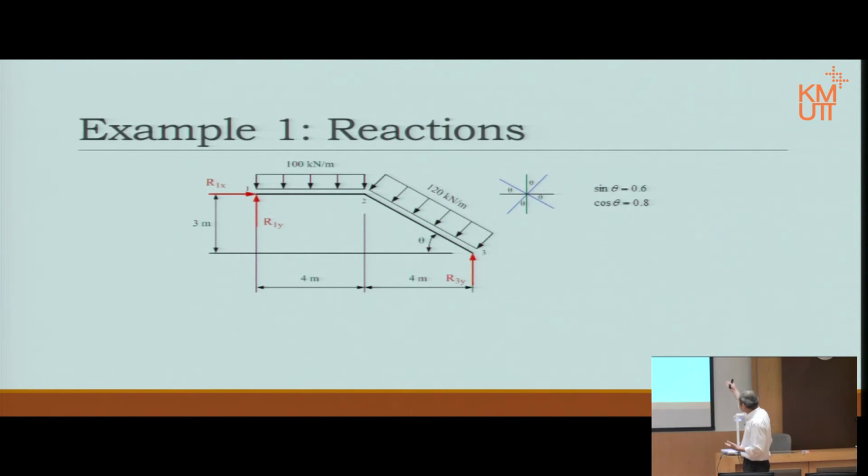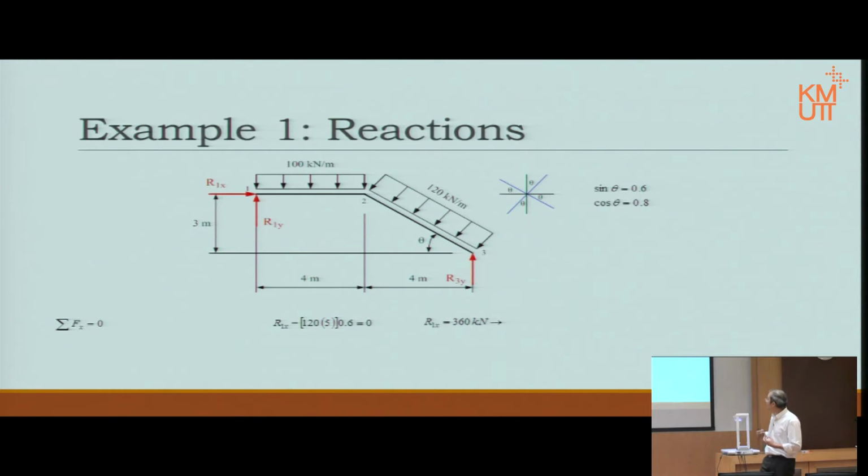Now, once we define the angle, we do not actually need the angle theta for this calculation. What we actually need are the sine and cosine values. So I will use the 3, 4, 5 triangle in this case to make our calculation simpler, and then I can work out the sine theta and cosine theta values beforehand, as shown again on the slide.